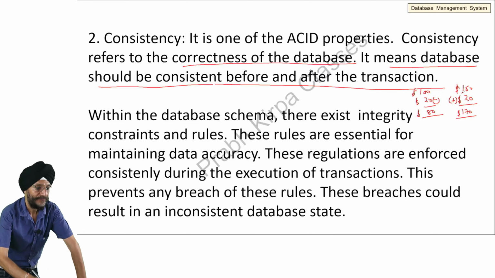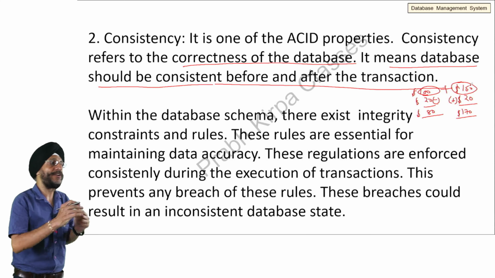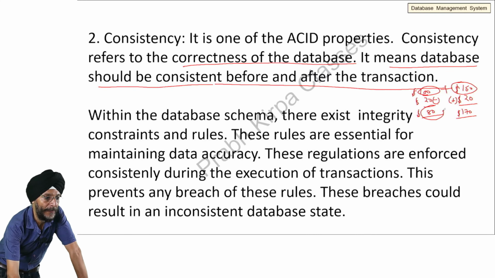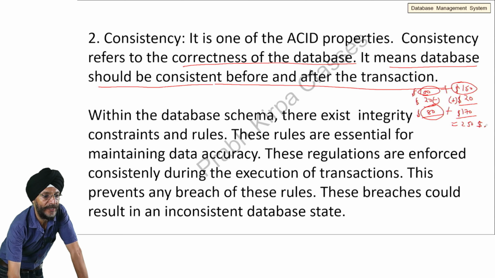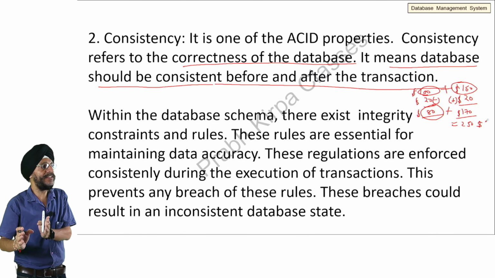That is, overall the position is the same. If we sum up the balance of both these accounts, it means $250. And after the transaction, if we sum up the balance of both these accounts, it also means $250.